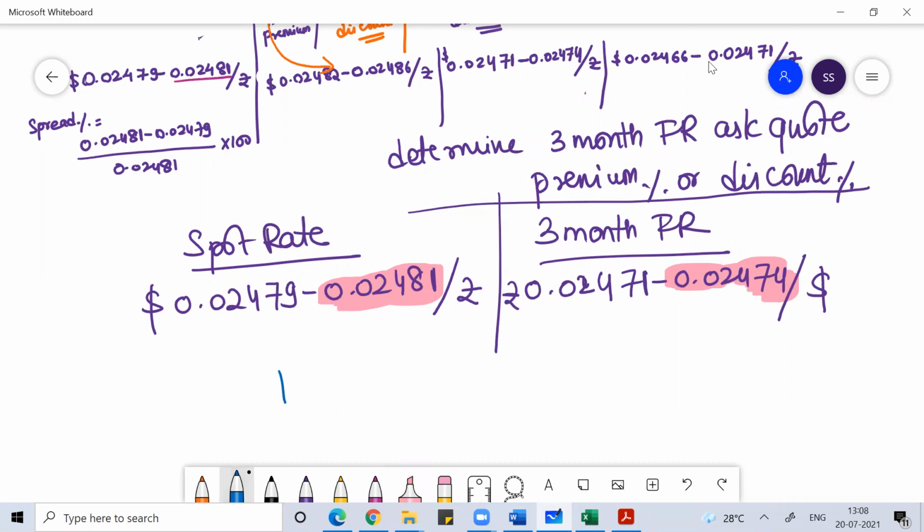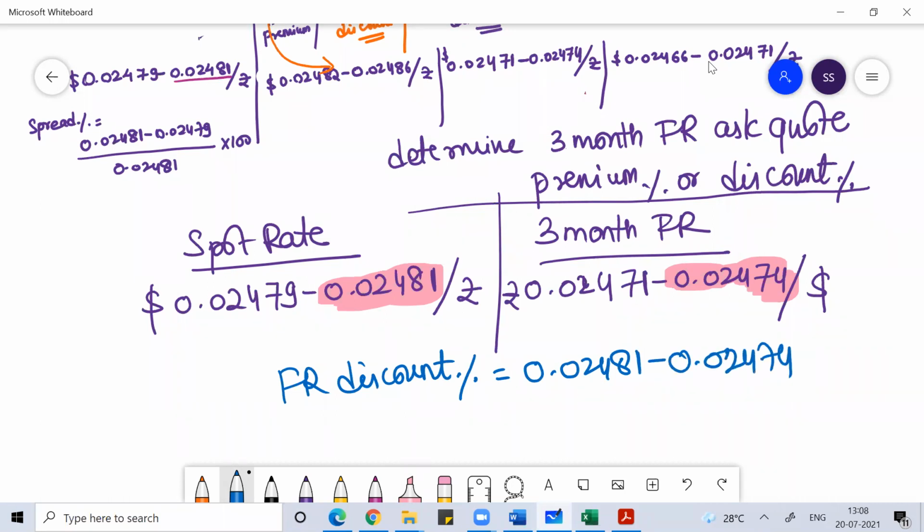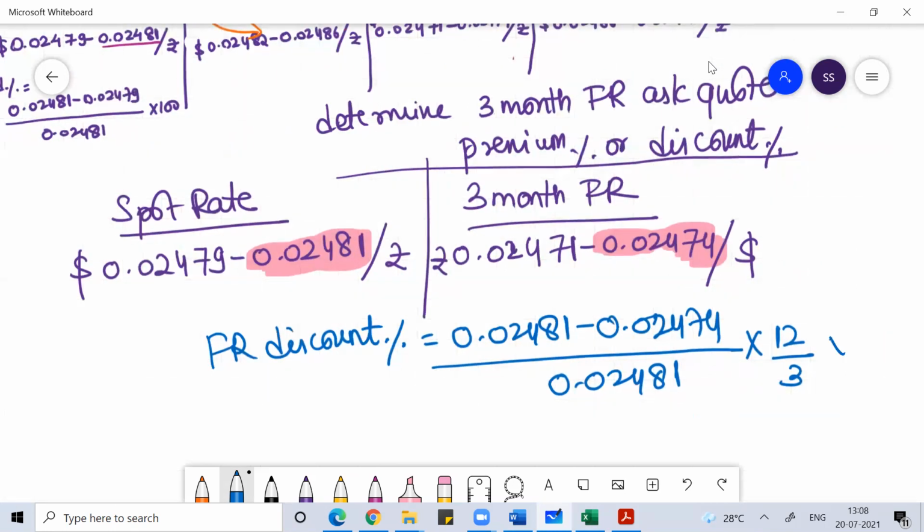So the forward rate discount percentage would be spot rate minus forward rate, divided by spot rate, into 12 by m, where m means the months of the contract, here 3 months, into 100. Can you solve this? That is your answer. Anyone, any doubt?